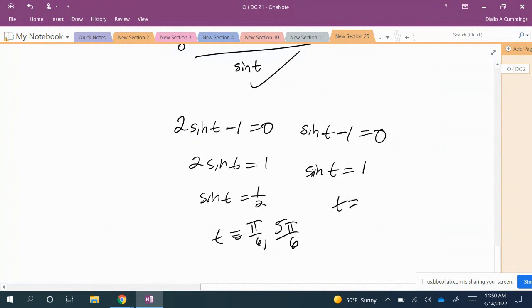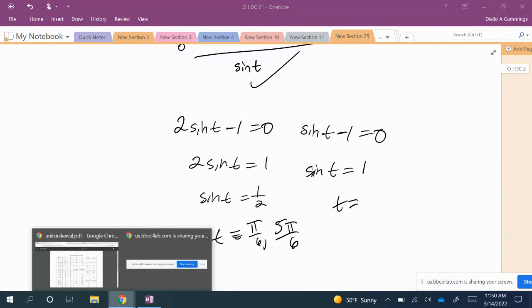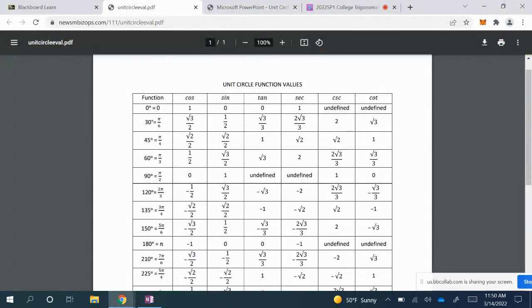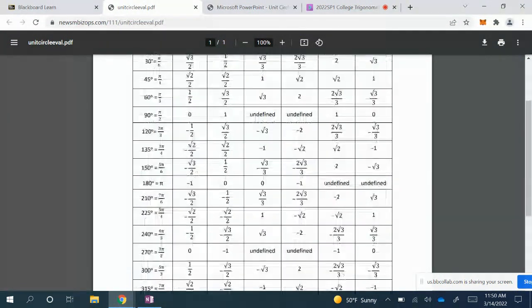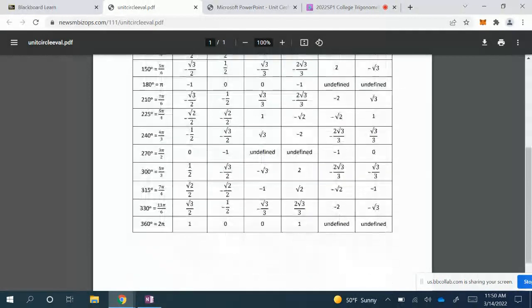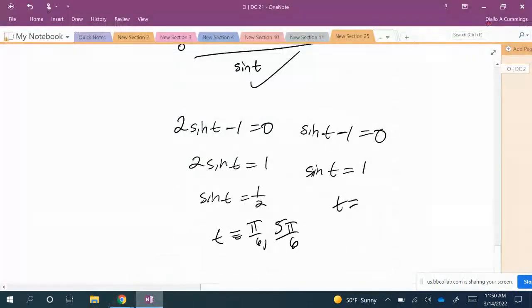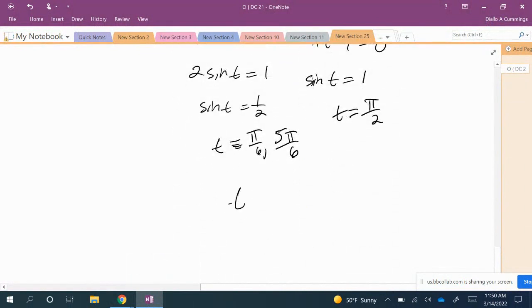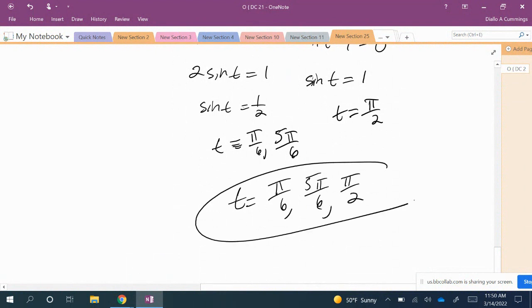Now we look for angles that have a sine of 1. Looking down our chart, we see that pi over 2, or 90 degrees, has a sine value of 1. So our solutions are pi over 6, 5 pi over 6, and pi over 2.